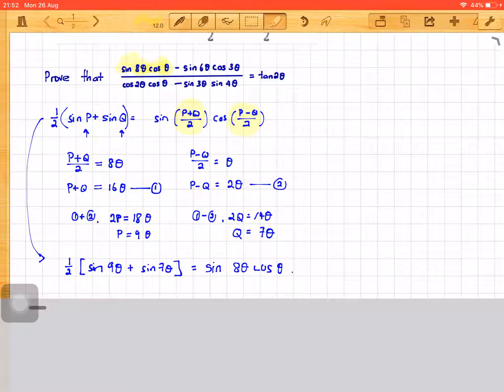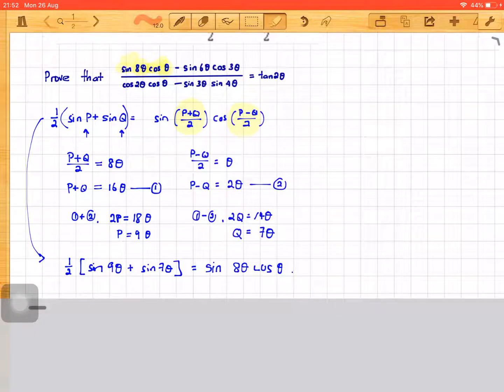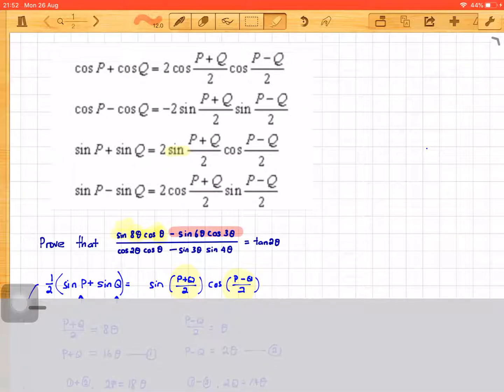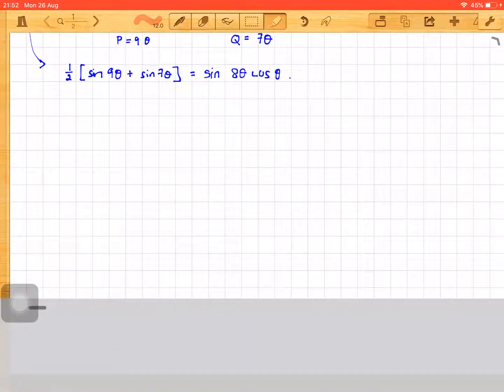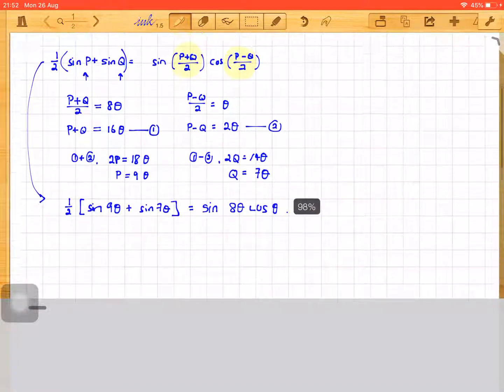Then we move on to the second one. This one. So it's a product form of sine and cos. So we have to find another sine and cos here, which is actually the same as what we used just now, the sine and the cos. So you will do it again. So let me copy down what we're gonna do right now.